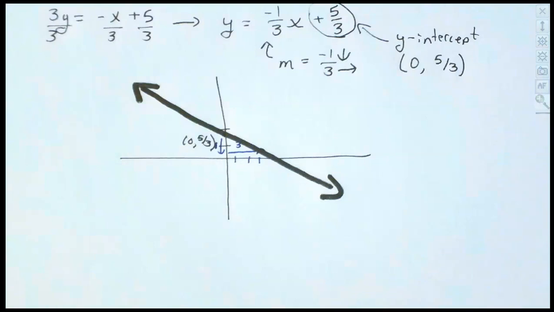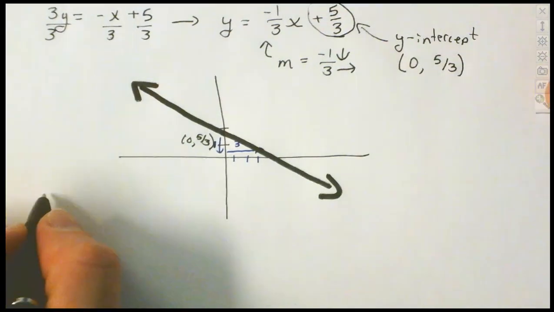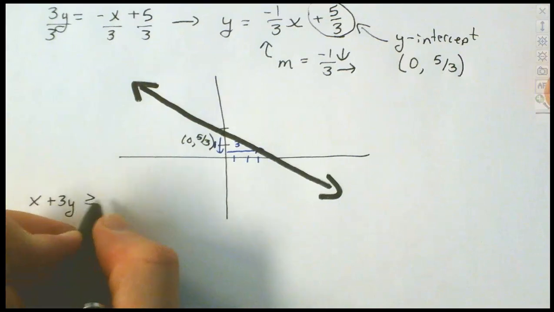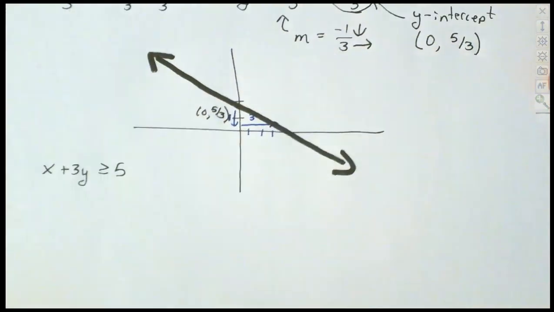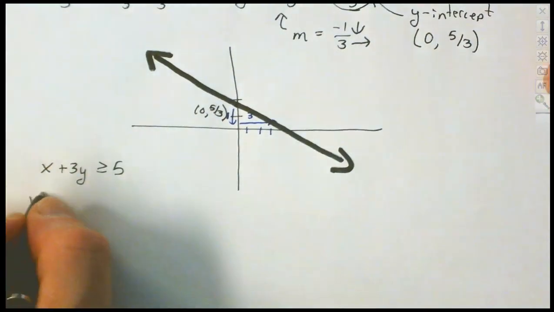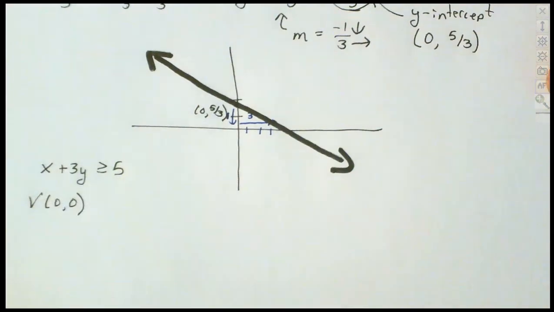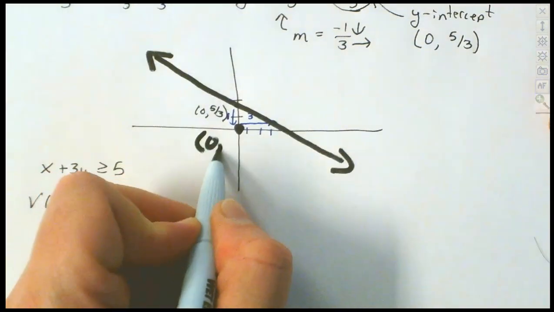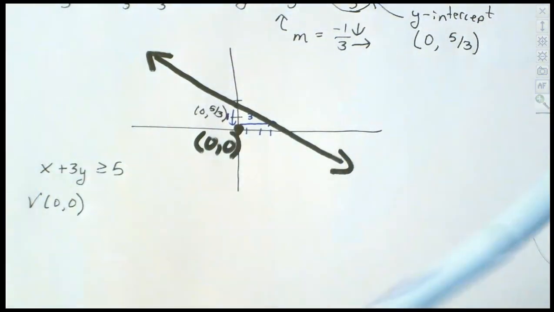Now, we are not completely done yet. Why not? Because this is an inequality, and we've got one more step left to do. So our original equation was x plus 3y is greater than or equal to 5, so we're going to check 0, 0. Just so we know where 0, 0 is, 0, 0 is right there. So we're going to now check 0, 0.